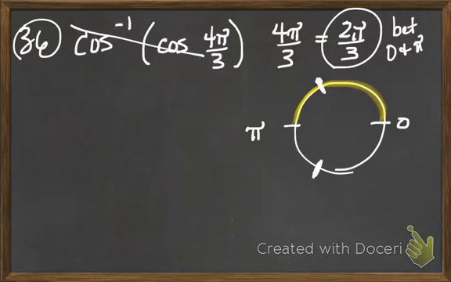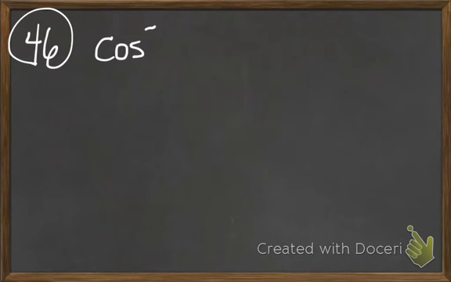Alright, 46 will be the last one that I do in this set of directions. So we have inverse cosine, and then this is not a typo, it's inverse cosine again, and then it's 3 pi.